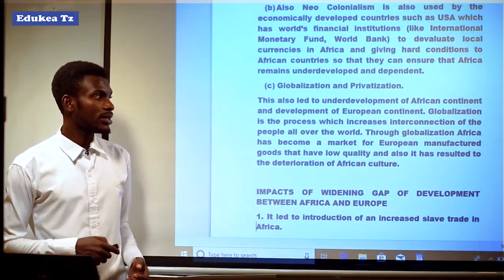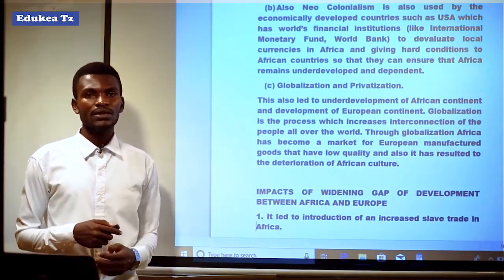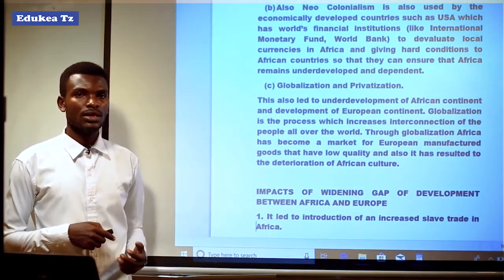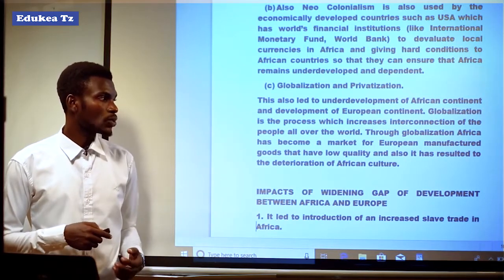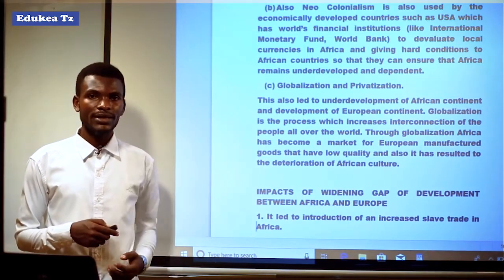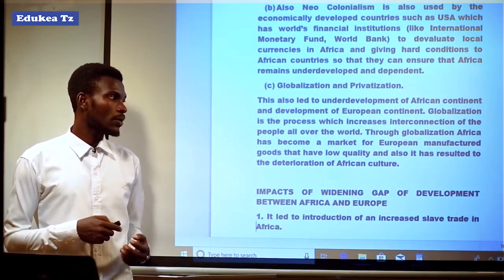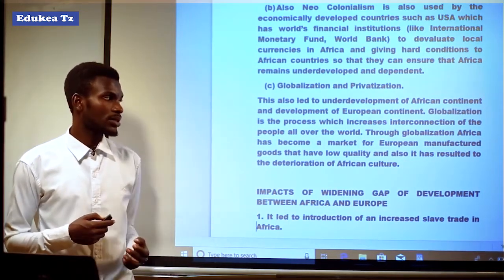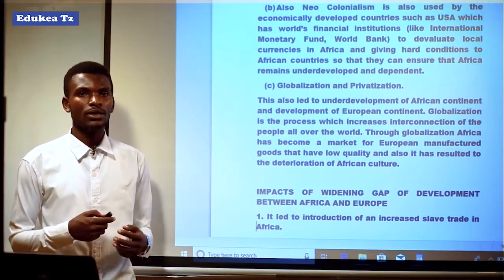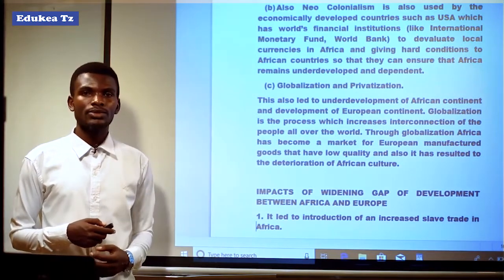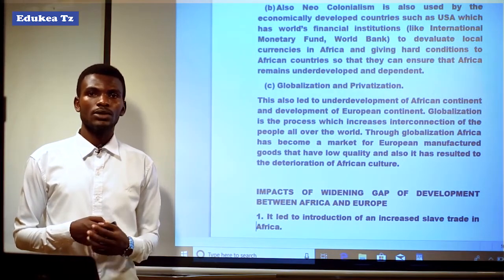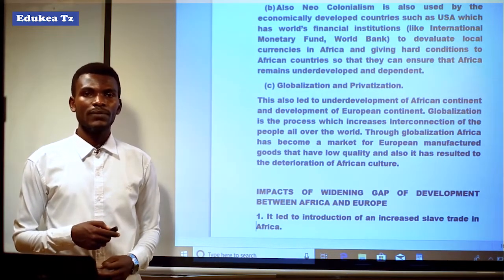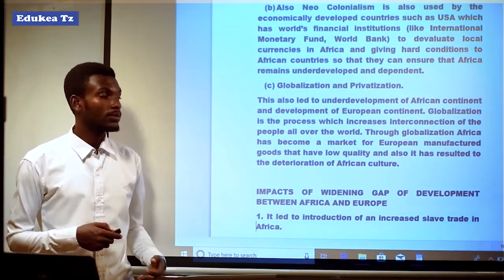Many European manufactured goods have been imported to African countries, and that made competition in searching for markets between the locally made goods of Africans and the European manufactured goods. And because African goods have low quality, that has led to the decline of the African economy, and the market of Africans has been taken by the European powers.